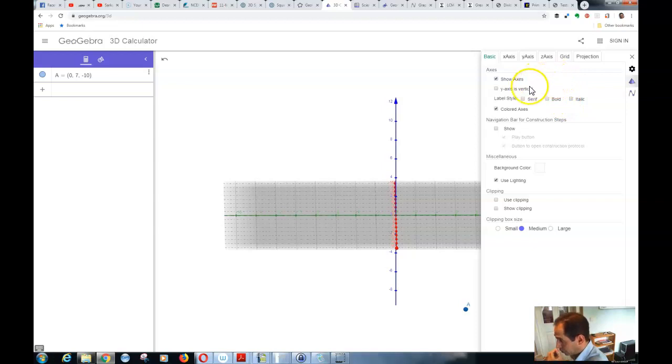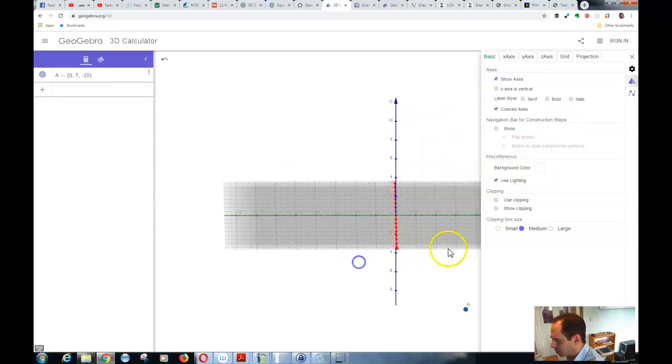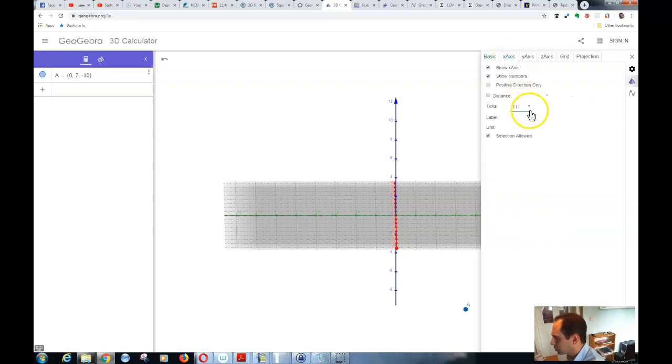And then you have the show axis, y-axis is vertical, no. You can change this. Colored axis, navigation bar for construction steps, miscellaneous background color. You can have some background color, which I don't want right now. You have some clipping, use clipping or show clipping, clipping box size, which is not important right now.